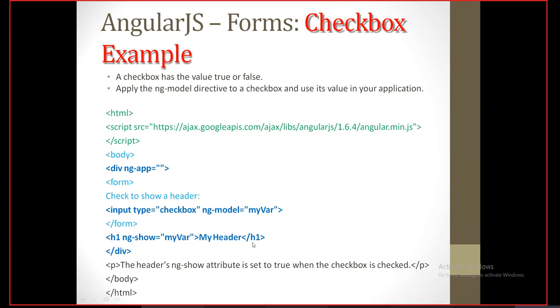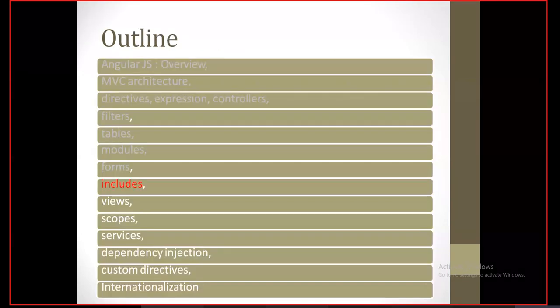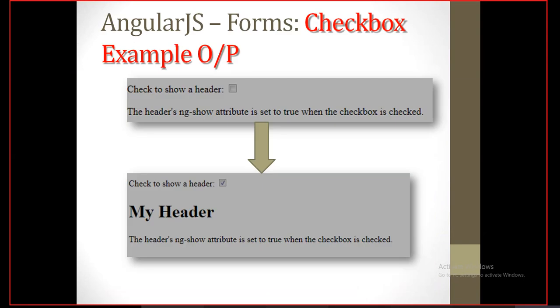Otherwise, that header won't be displayed. That is the checkbox over here. Many other examples we can see for the other types of input controls also, like select, button, whatever. Whenever it is required, you can use them.